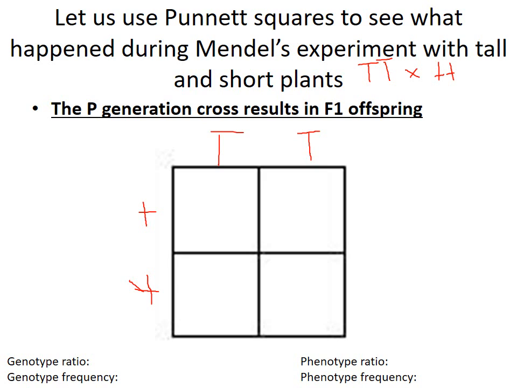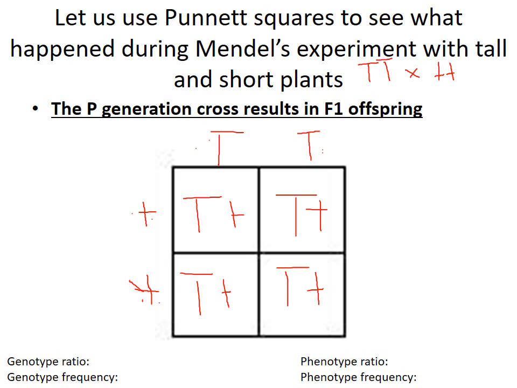Now we're going to combine the big T with little t: big T, little t, big T, little t, big T, little t, and again big T, little t.